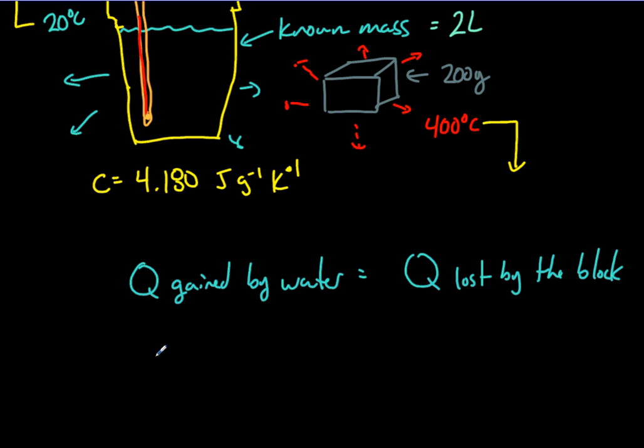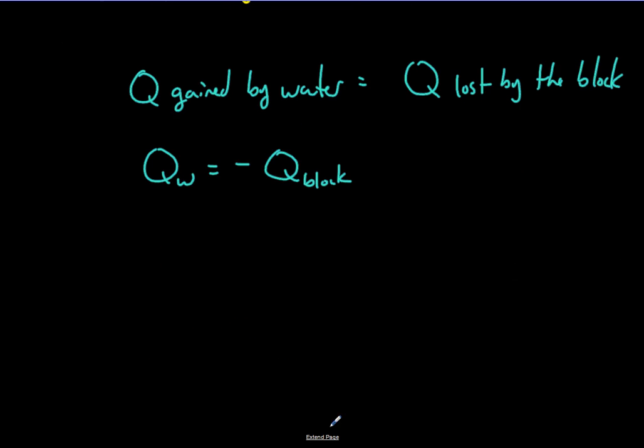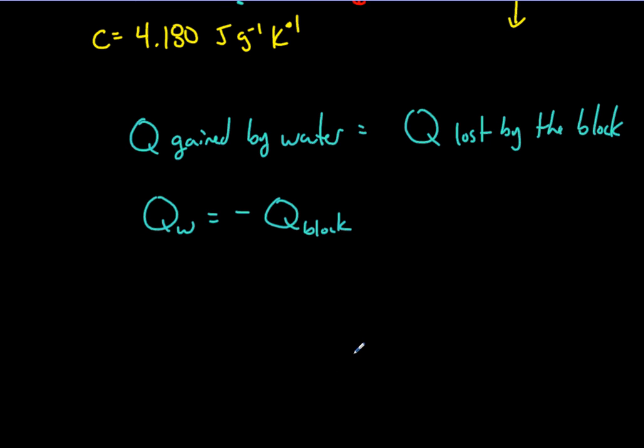So let's write that again, just mathematically. The heat gained by the water should be equal to the heat lost by the block. Why do you think we have to put this negative sign in here? Because we're saying it's equal, right?